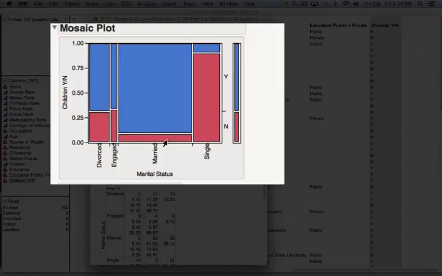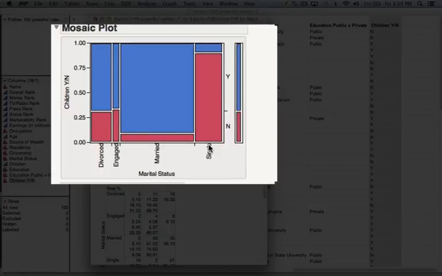And then married looks to be a little bit over 50%. So let's say around 20% of celebrities were single, a little over 50% were married, and that's represented again in the width. Around 5% were engaged, and divorced was around 15%. Those percents are shown in the widths of these categories.